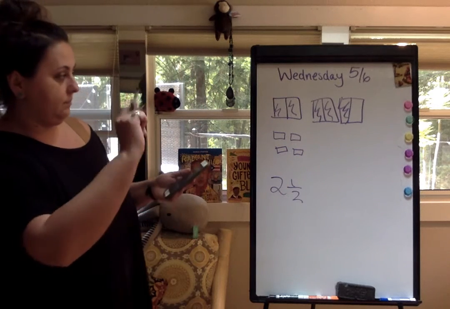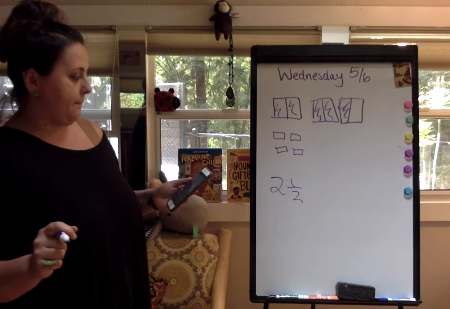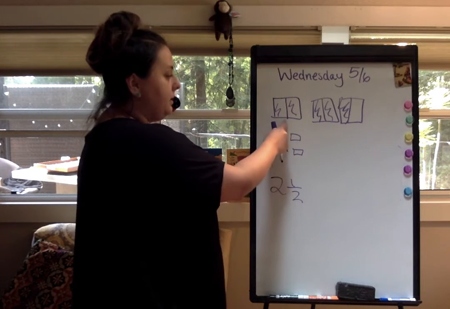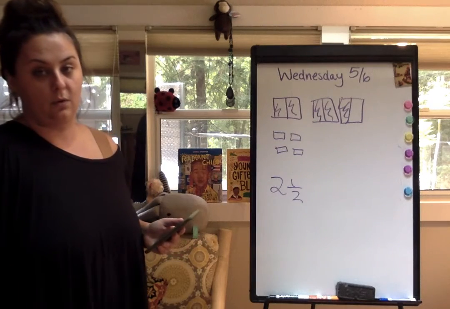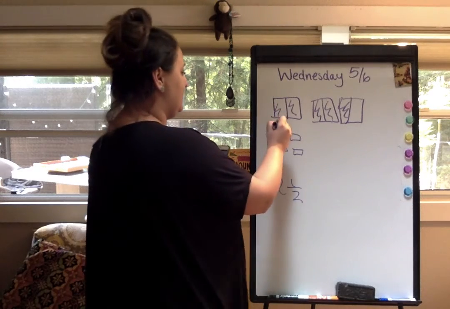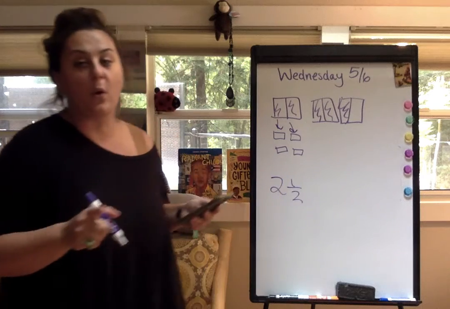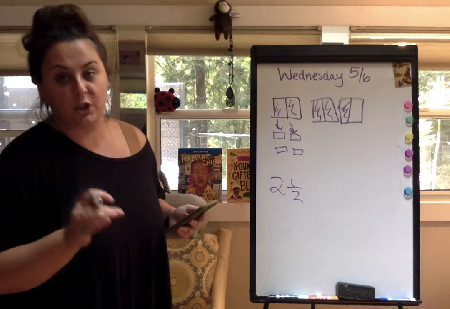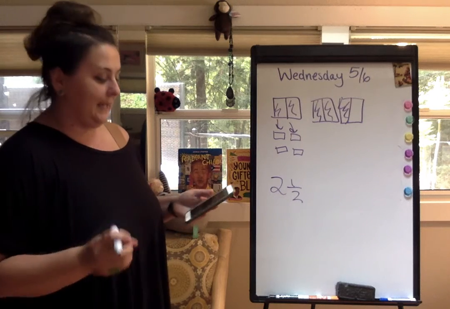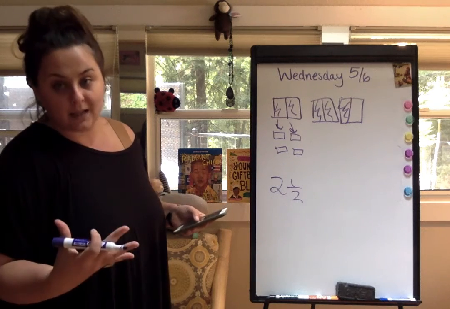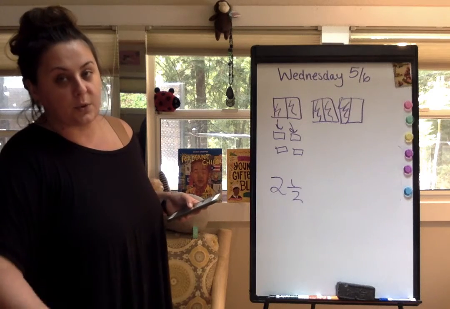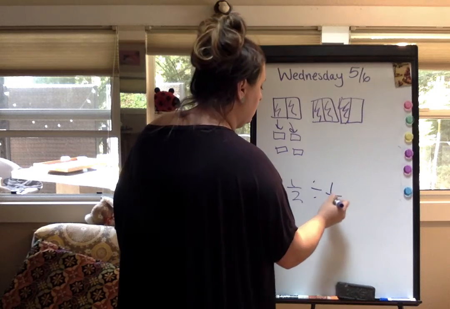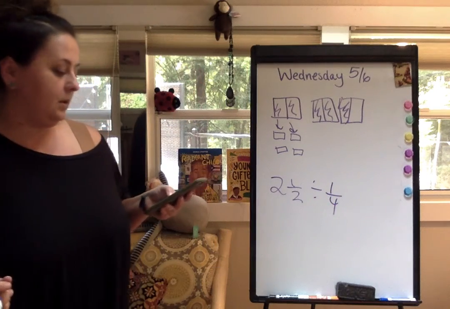I'm not even going to flip them all up. But what did they divide these into? What did they make these into? 4ths, right? So you're not really worried about the shading because the shading is how you get the answer. The shaded ones is the answer. But we're not asking for the answer. We're just asking, what does this model represent? 2.5 divided by 1/4.